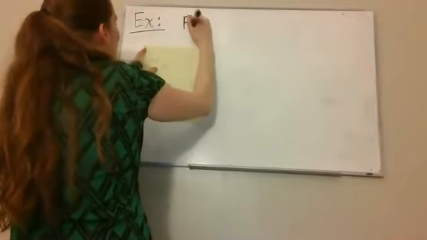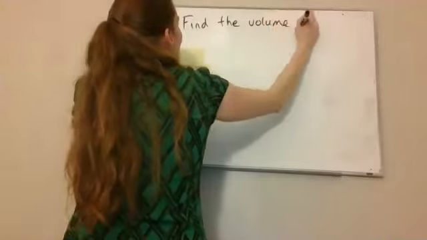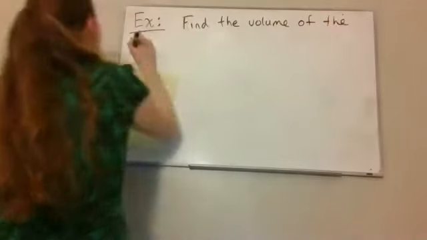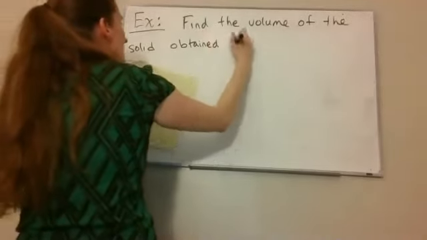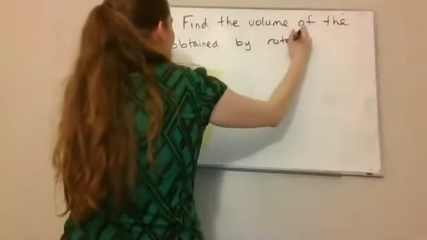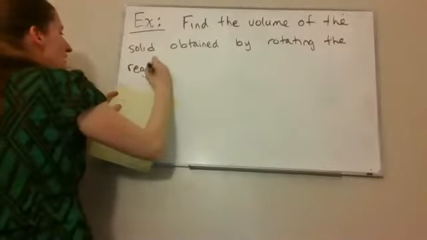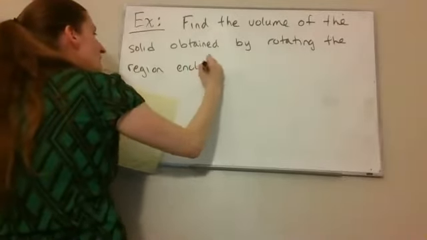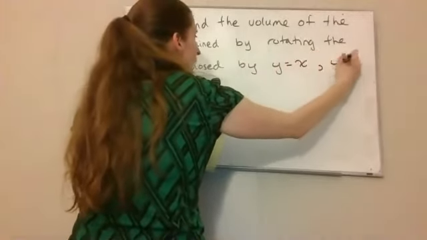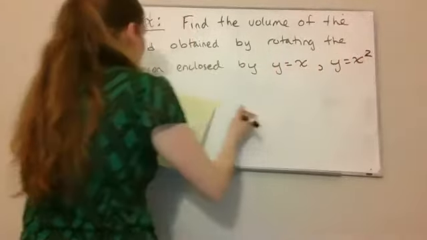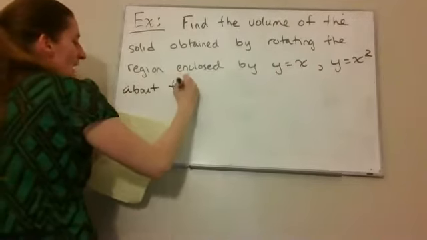So find the volume of the solid obtained by rotating the region enclosed by y equals x, y equals x squared, about the x-axis.